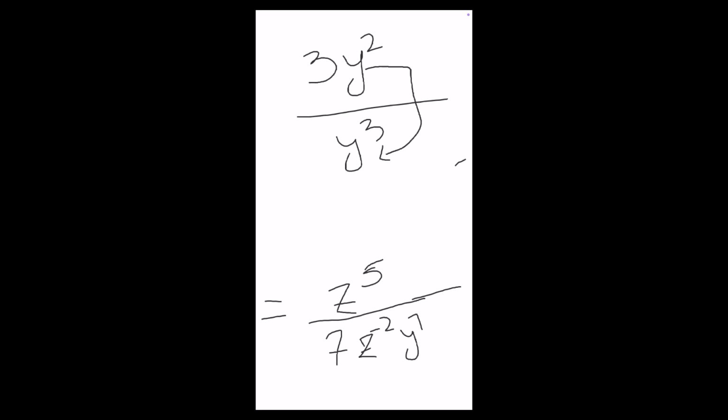Then it will become minus 2, because whether it is in the numerator position or the denominator position, whenever the variable changes its place, it automatically converts its sign as well.